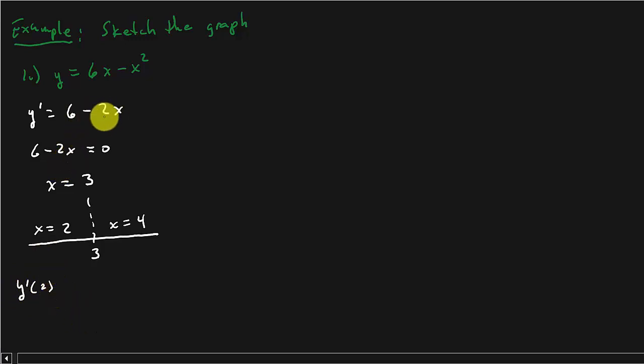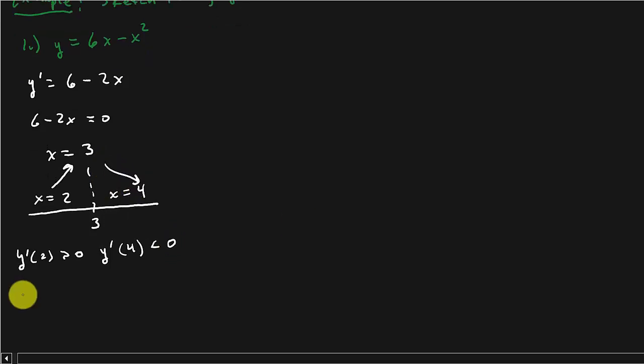When I plug the 2 in here, that's going to be 6 minus 4, which is positive, so that's greater than 0, so that's increasing. And then y prime of 4, 6 minus 8 is negative, less than 0, so that means it's decreasing. So I've got decreasing from 3 to infinity and increasing from negative infinity to 3.